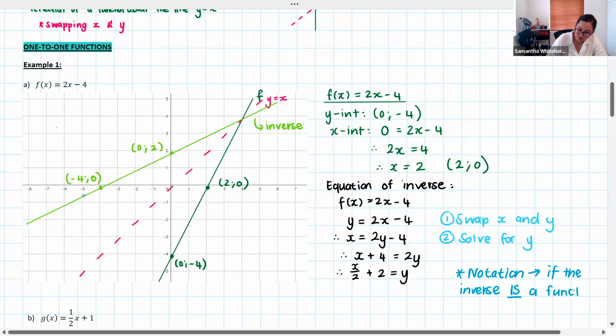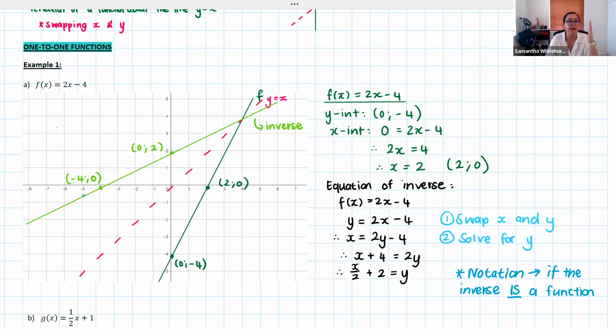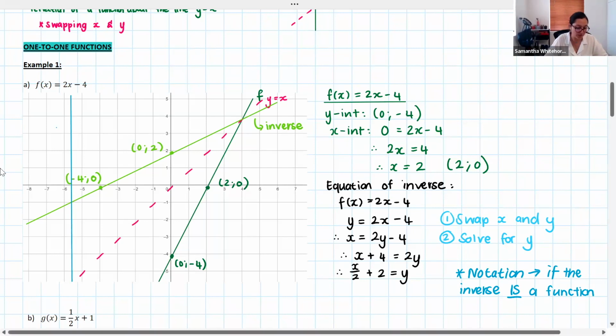And remember, we determine whether or not something is a function by using the vertical line test. As long as the vertical line cuts your graph once, it is a function. If you go to the light green graph and you do the vertical line, no matter where you move this vertical line, it's only ever cutting this light green graph once. So that means my inverse is a function, and so I can use the notation.